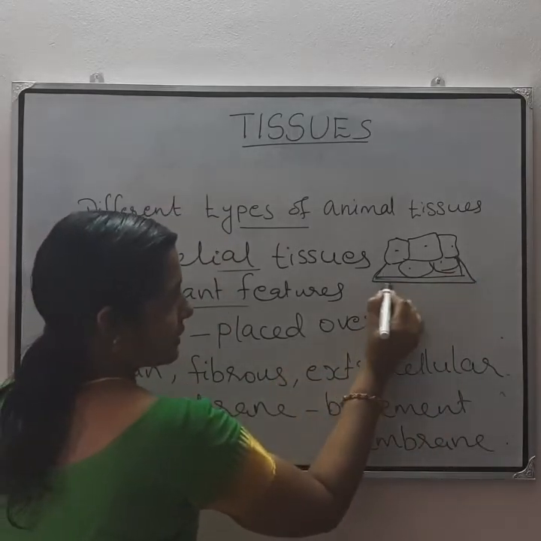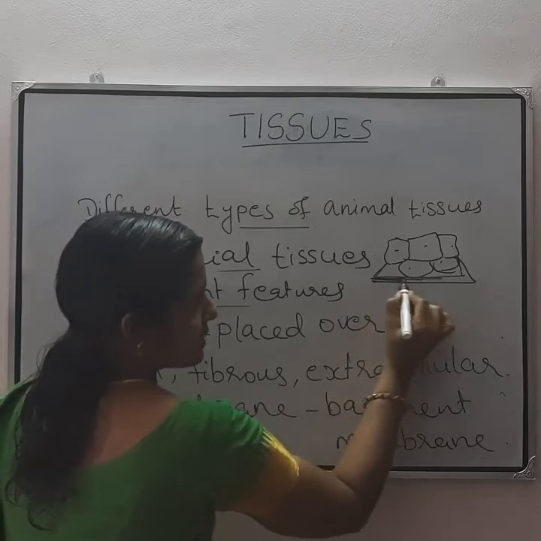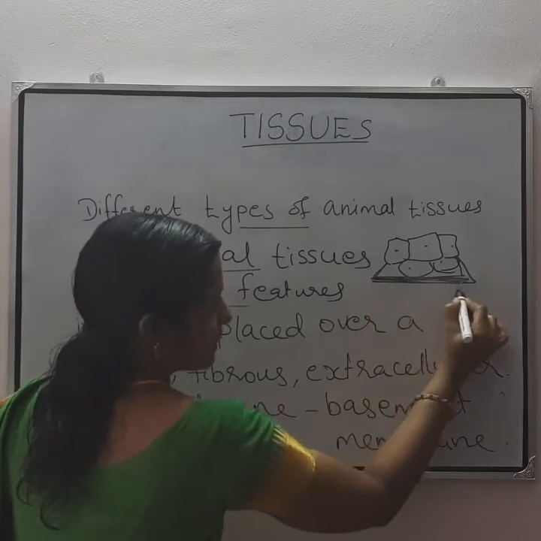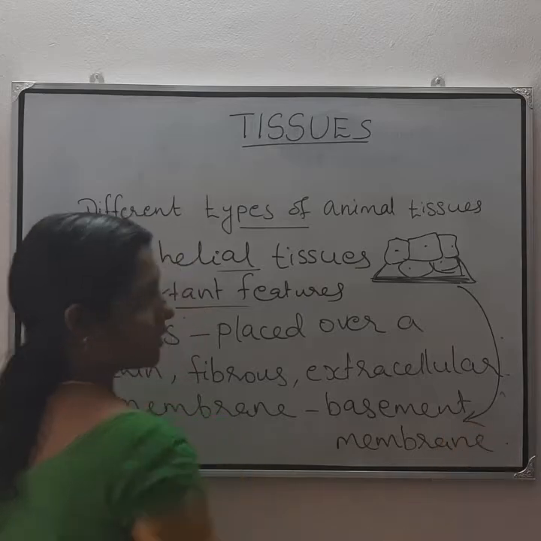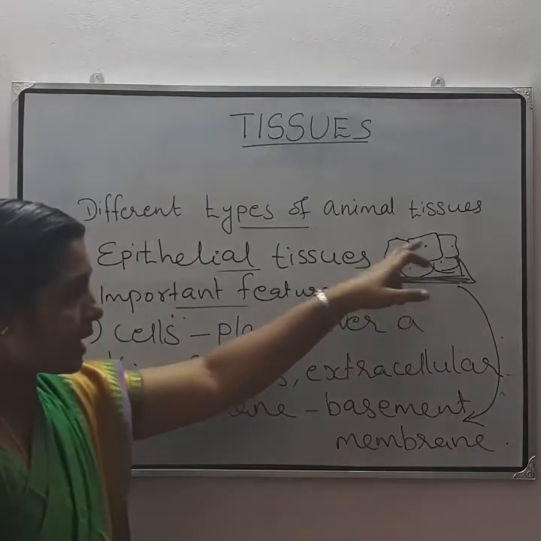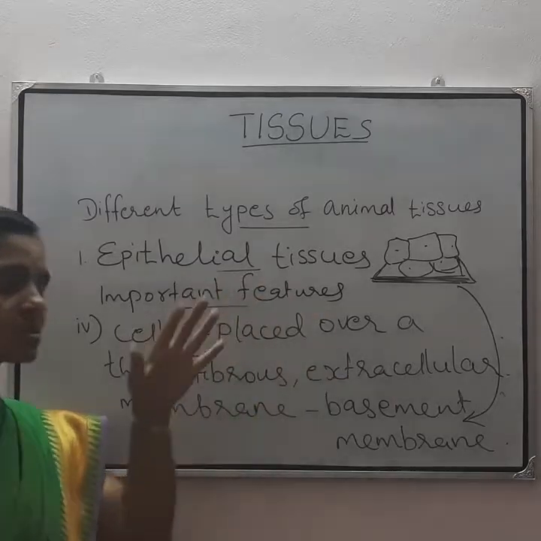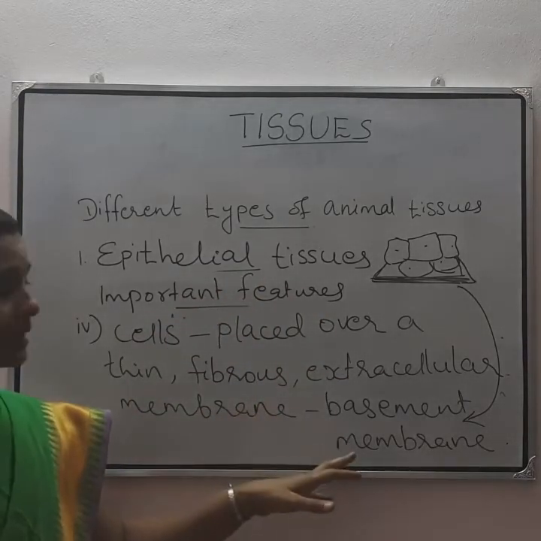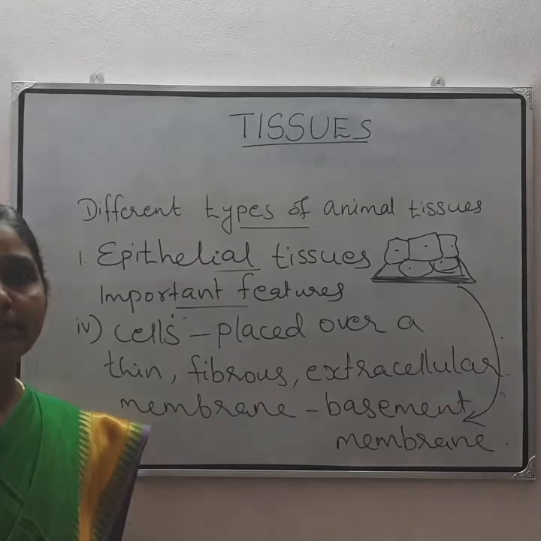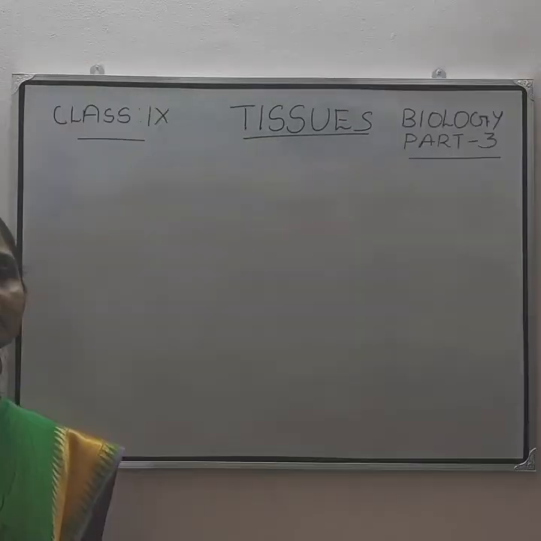This membranous region is called the basement membrane. Understand? So the cells are placed over a thin fibrous extracellular membrane, and that membrane is called what? Basement membrane. Now you understood about the basement membrane.